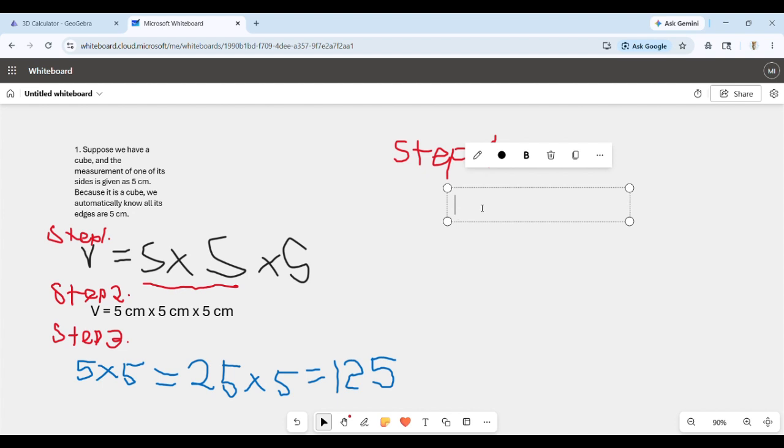So we will type it here. 125 cubic centimeters. Am I correct? Yes. So now, that is the final answer for this problem: 125 cubic centimeters.